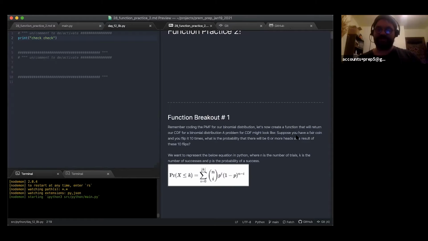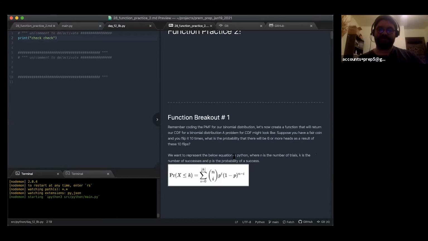A problem for CDF might look like: suppose you have a fair coin, meaning you have an equal probability of either heads or tails, and you flip it 10 times. What's the probability that there will be 6 or more heads as a result of 10 flips?